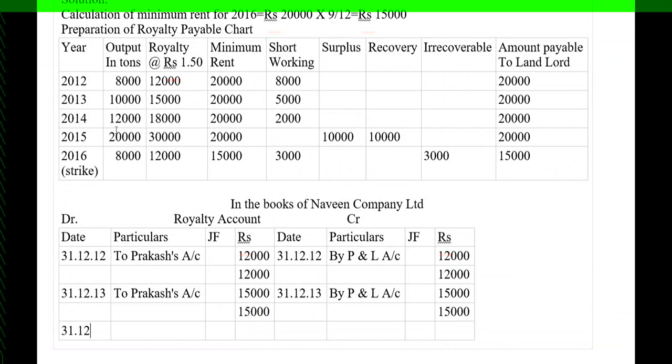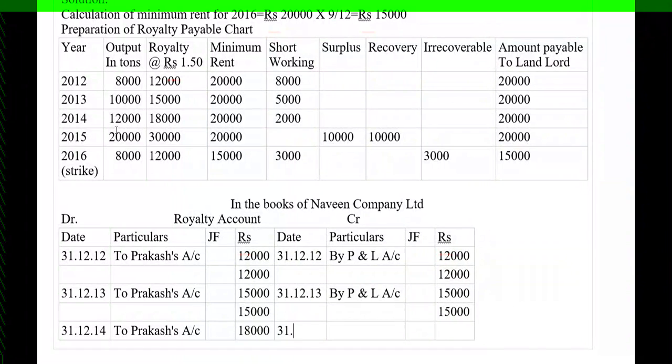So on 31st 12/2014, when the royalty is payable, then it will be royalty account debit to Prakash's account. So the royalty amount, it is rupees 18,000 for the year 2014.